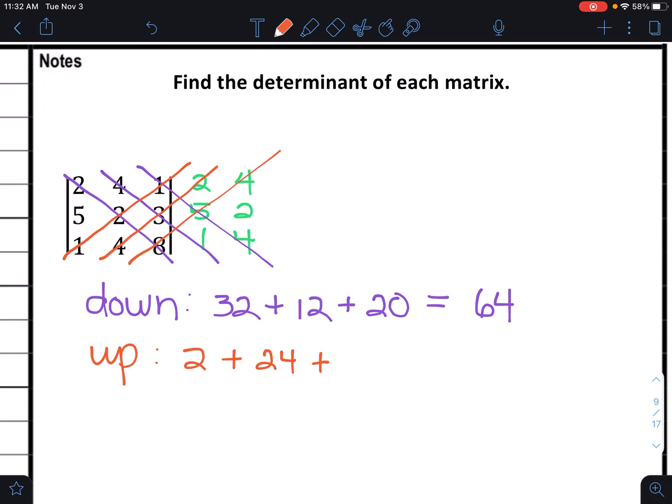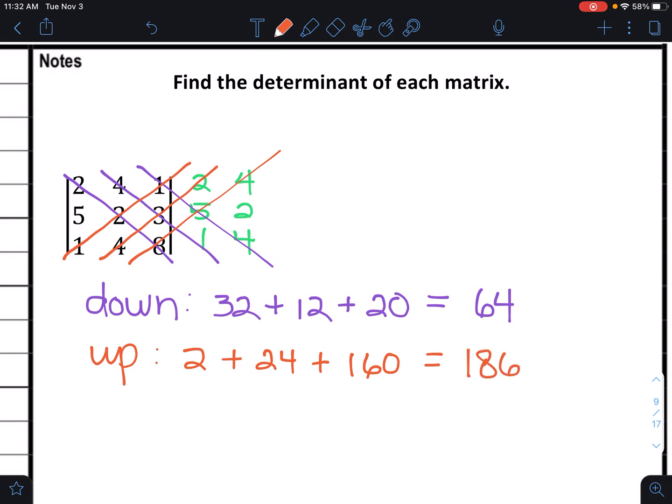And now I'm going to do 8 times 5 times 4. So 8 times 5 is 40, times 4 is 160. So 2 plus 24 is 26, plus 160 is 186.